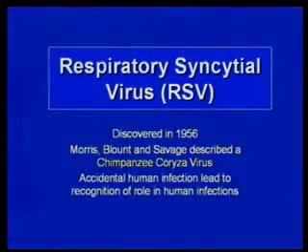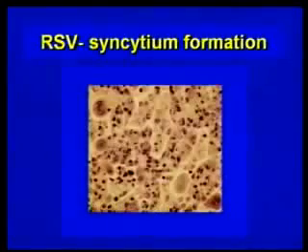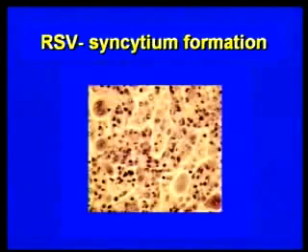But historically, RSV was discovered in the late 50s, and they found this from a related chimpanzee coryza virus. Somebody was not careful in the lab and got infected, and then they realized that this causes human disease as well. And we'll know a lot more about the RSV virus in the next 40 years.